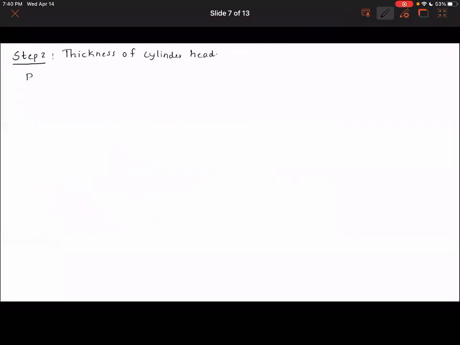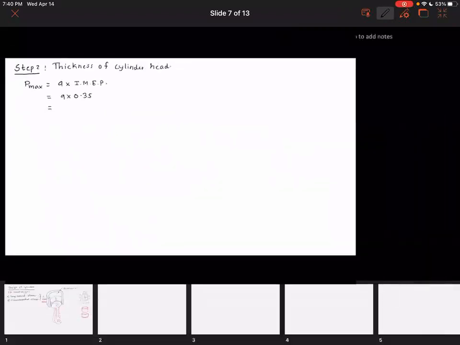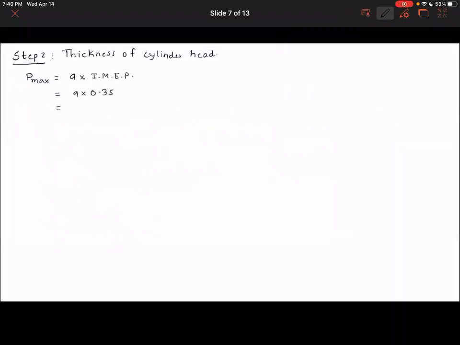Now, maximum pressure is about 9 to 10 times the mean effective pressure. So the maximum pressure is 3.15 Newton per millimeter square.